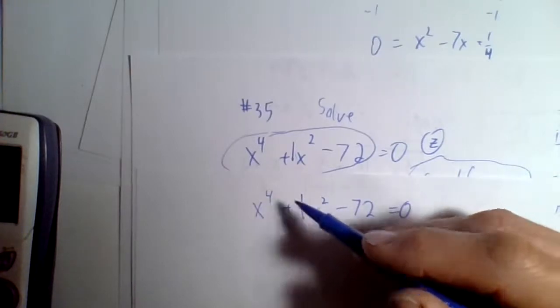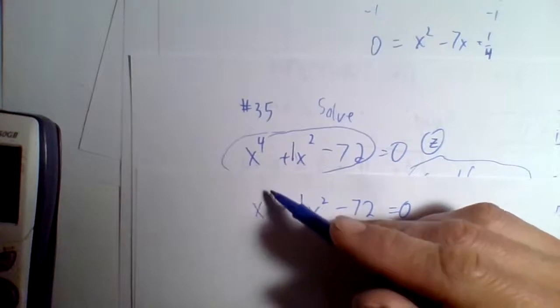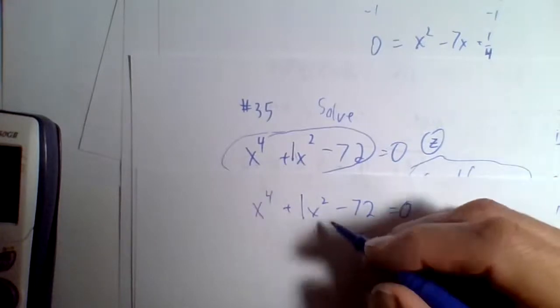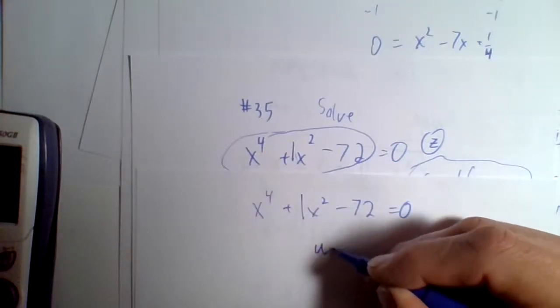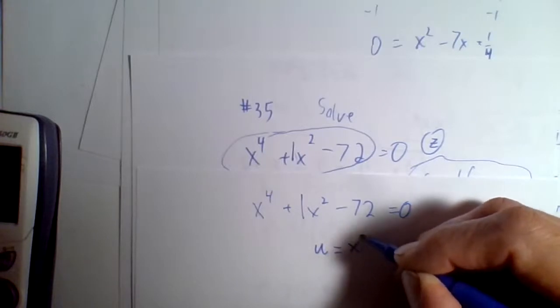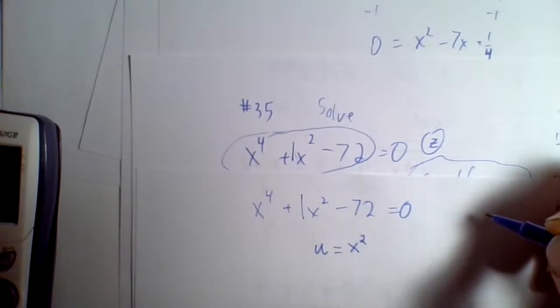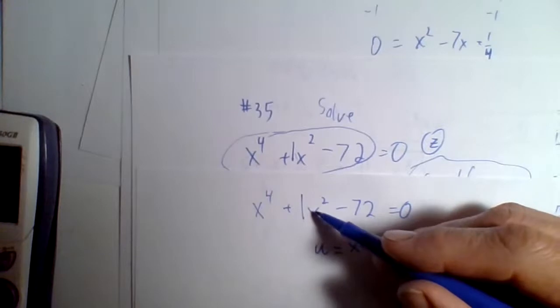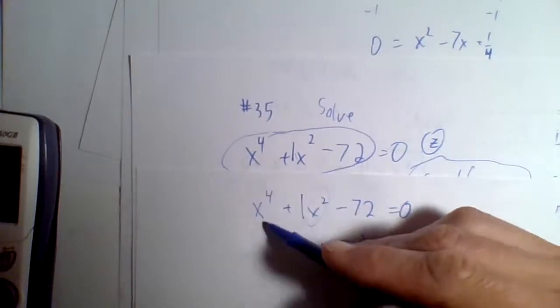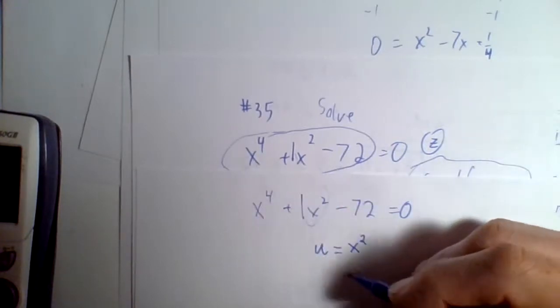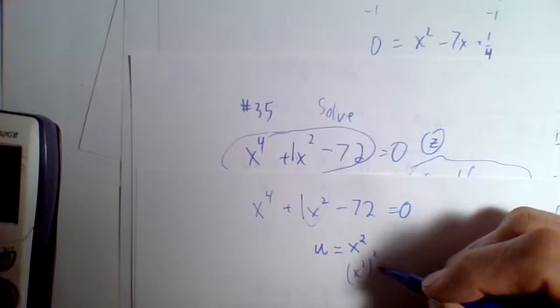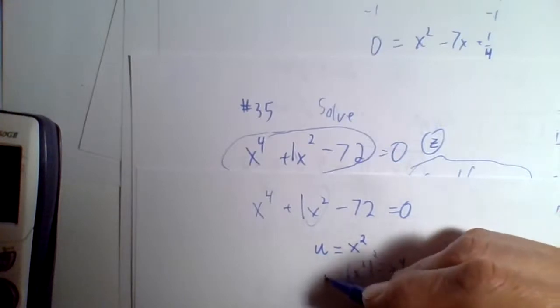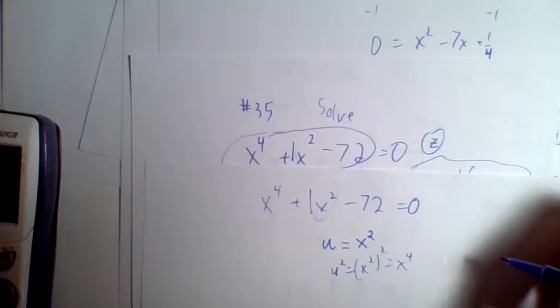If you have exponents that fit this pattern, where this is the square of this one, I can bring in another letter for this, because it's a different thing. I'm going to let that be u. So this will be my variable, and this is my variable squared. x squared is u, so u squared is x to the fourth.